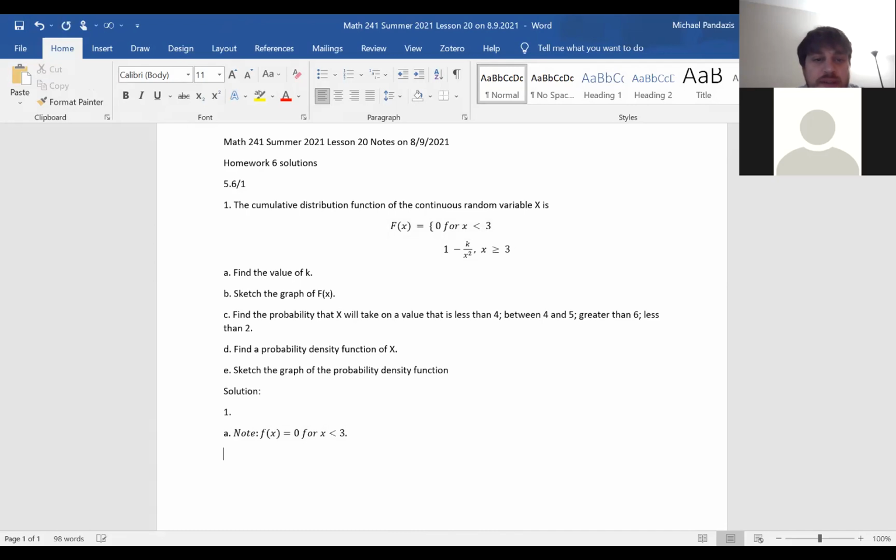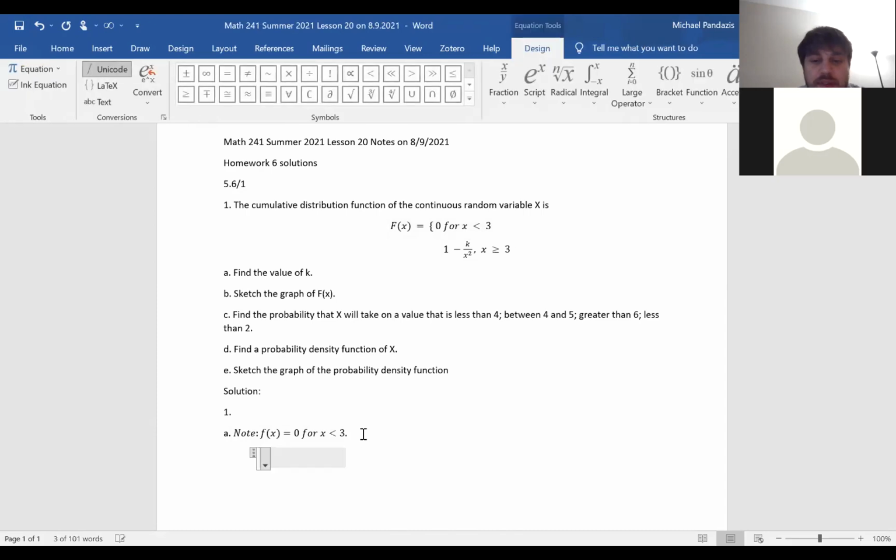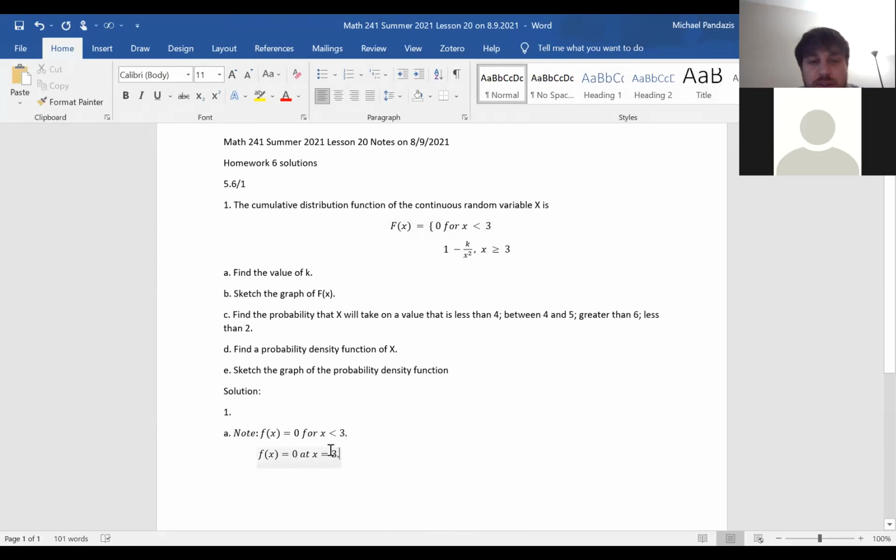Now little f of x is also going to be 0 at x equals 3, because little f of x is continuous, and if it's always 0 for x less than 3, it has to be 0 again.